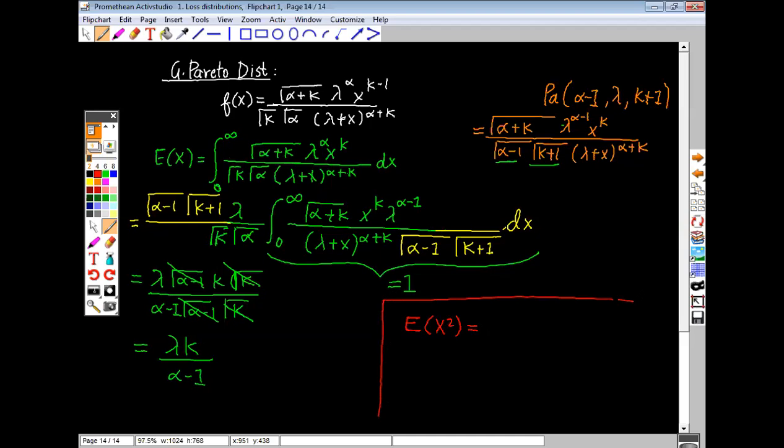I think it was something like lambda squared times k plus 1 upon (alpha minus 1) and (alpha minus 2), right? And then you also go on to figure out the variance, which will be something like this.